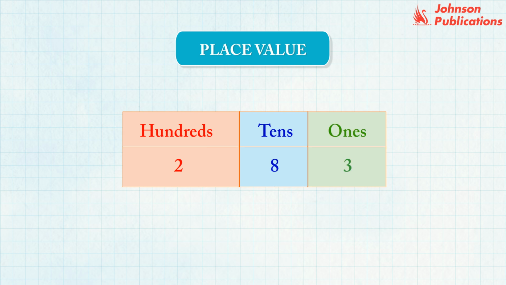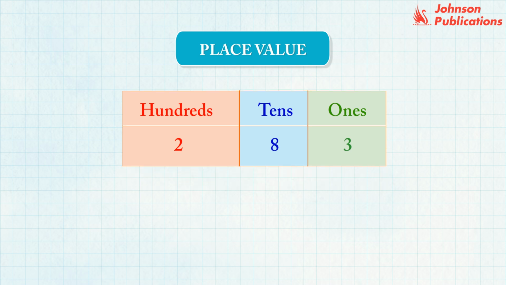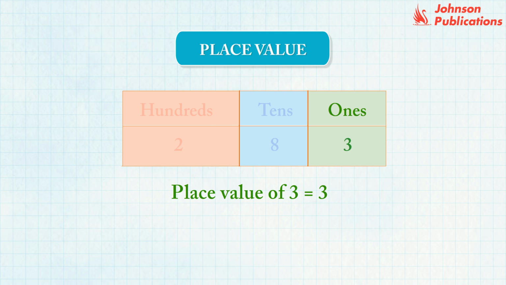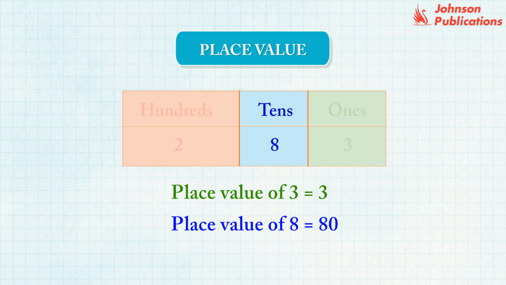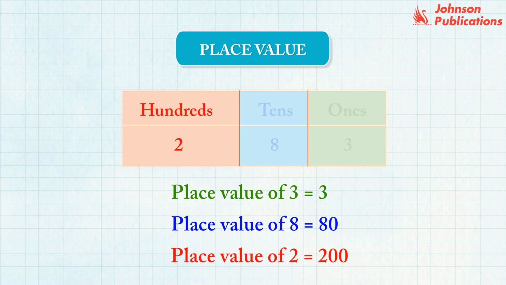Let us understand it with an example. In the number 283, 3 is at the ones place. Place value of 3 is 3 ones. 8 is in the tens place. Place value of 8 is 80. 2 is in the hundreds place. Place value of 2 is 200.